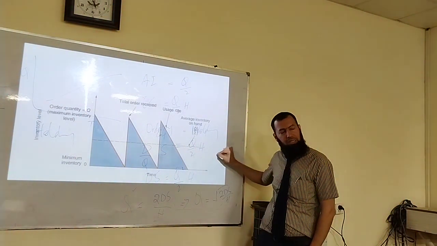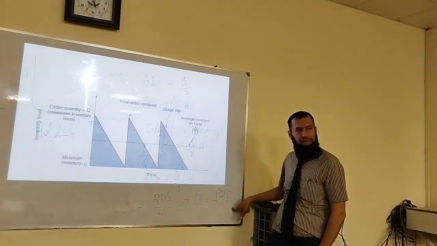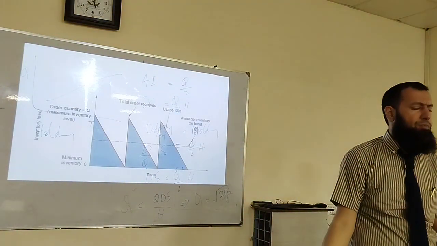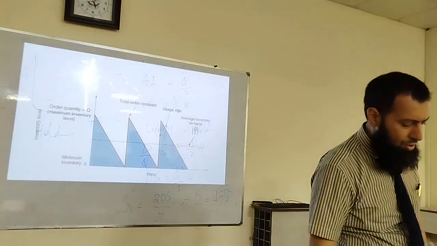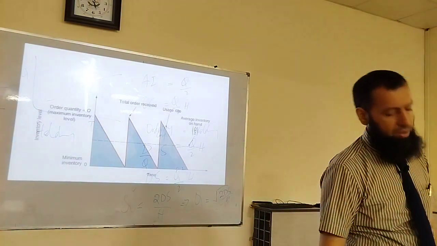If you write this equation, then Q equals square root of 2DS by H is derived easily. Or you can remember the complete formula directly, whatever you like.